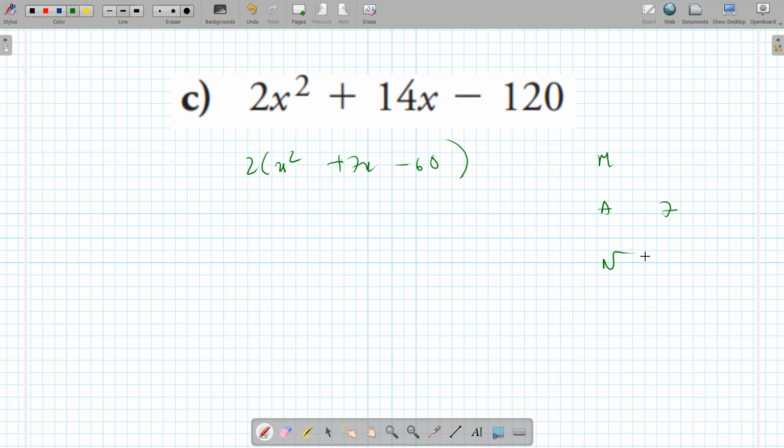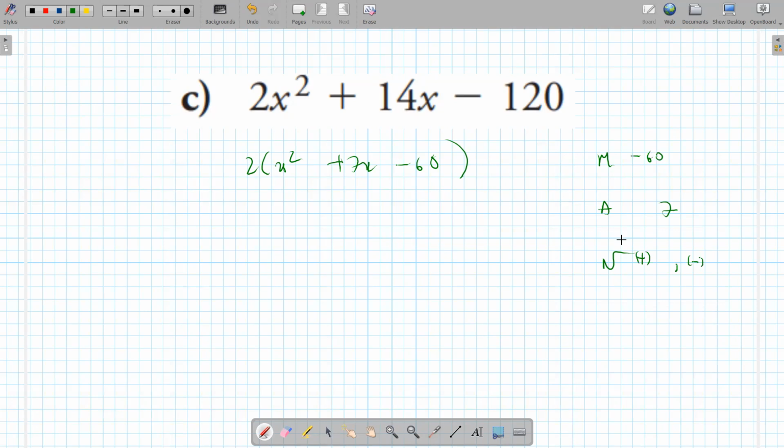It adds up to a positive number. It multiplies to a negative number. That means one of your two numbers is going to be positive and the other negative.